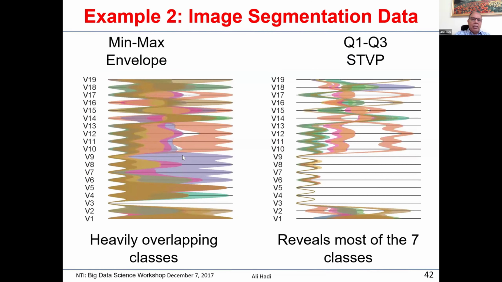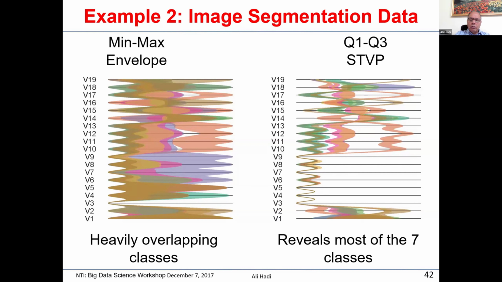You might see 1 or 2 classes. With the Q1 and the Q3 on the PCP plot, you can see more classes. But also you can see that variables 3, 4, 5, 6, 7, 8, and 9 actually do not contribute to the classification. So if you're doing clustering, for example, these variables are not really needed. So you can use the graph for dimension reduction if you wish.